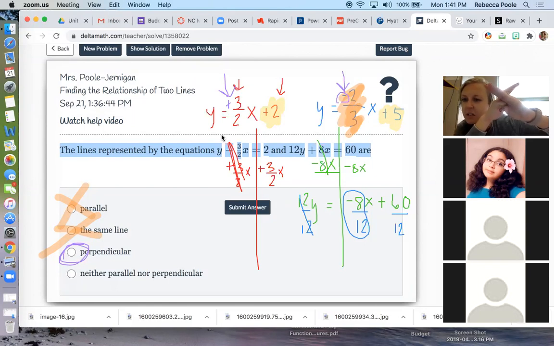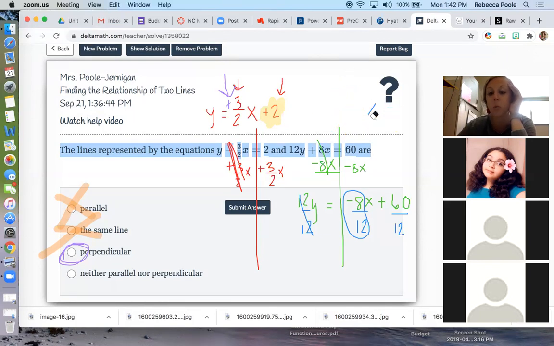Does that make sense? So really the slope is the most important thing to check, but we do check the bases also, because if the slope is the same and the base is the same, then it's going to be the same line. Very good question.